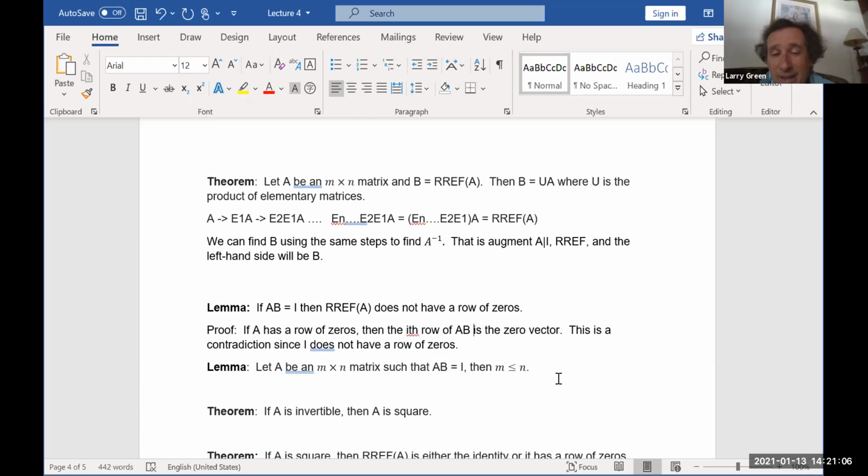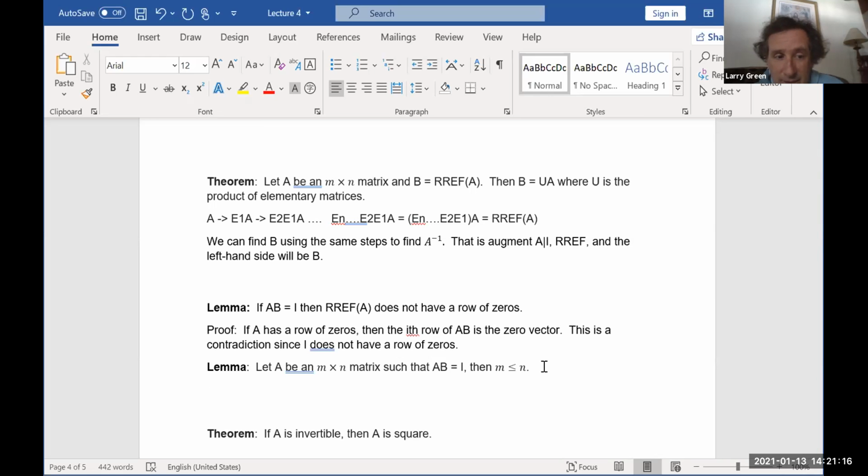Okay, we know AB is the identity. Therefore, RREF of A does not have a row of zeros. Is that clear from the prior lemma? So A may not have any rows of zeros, that's fine. But then RREF of A does not have a row of zeros. Do you agree, from the prior lemma?